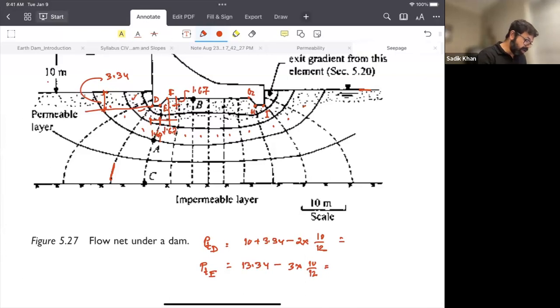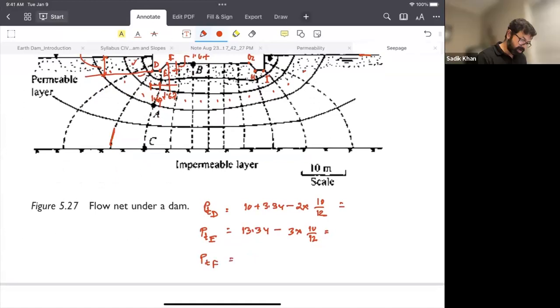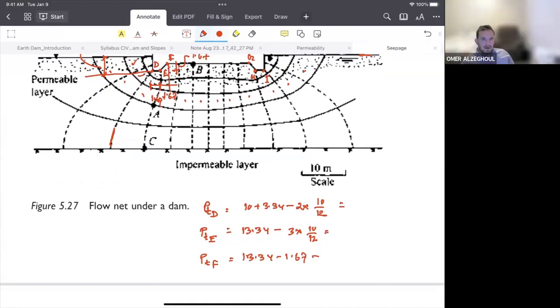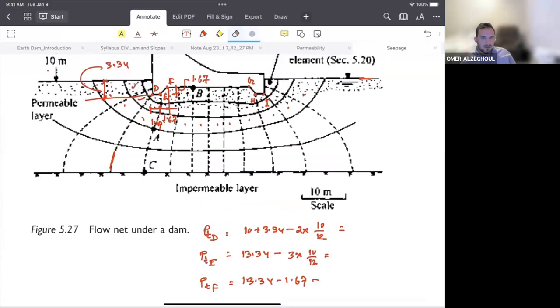What happens at point F? It becomes 13.34 minus 1.67 minus 4 times 10 over 12. How many drops at point F? We got one, so it's 4.